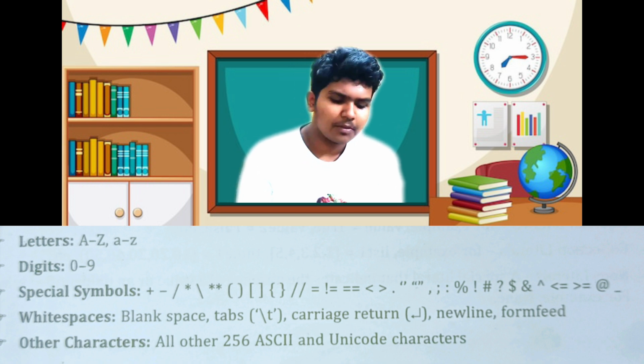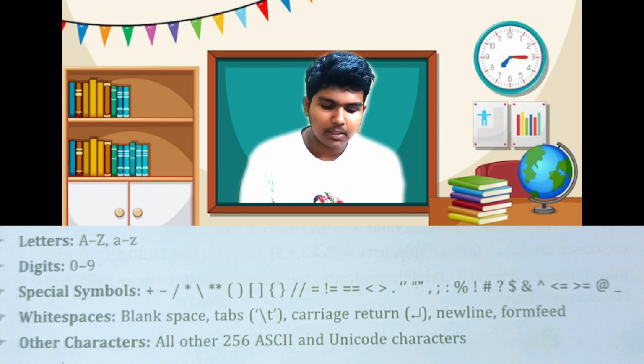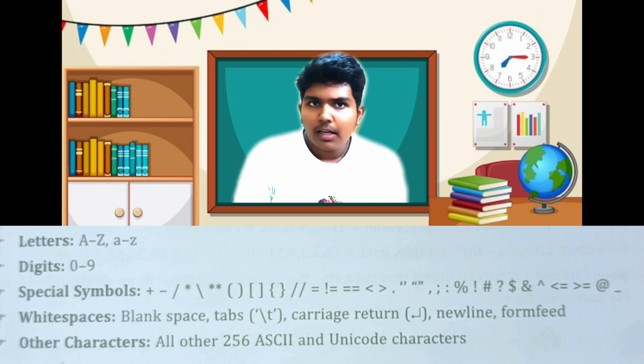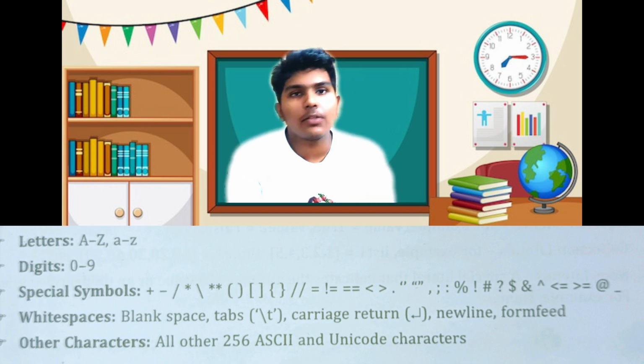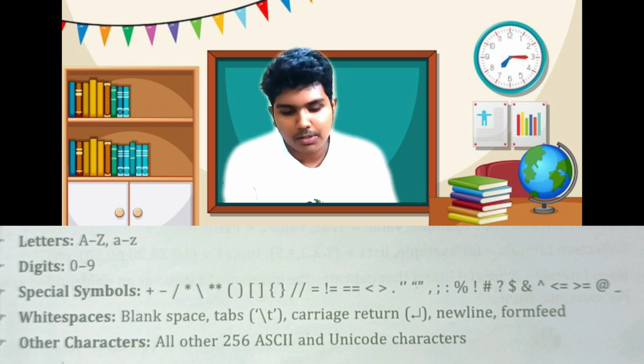Special symbols, and I quote, plus, minus, slash, multiply that is star, slash, double star, bracket, square bracket, curly bracket, double slash, is equal to, exclamation mark is equal to, and so on. All symbols present on the keyboard or in your key set are special symbols.